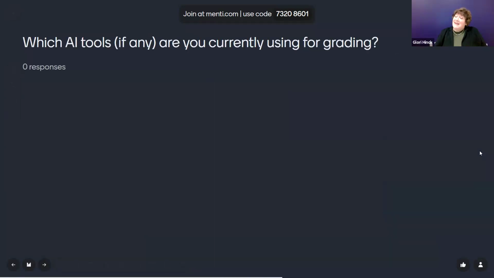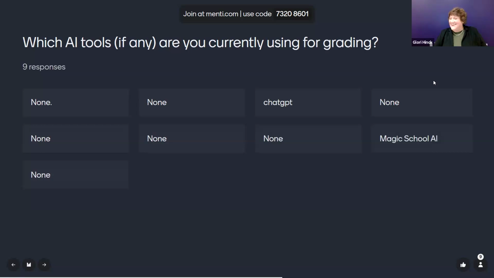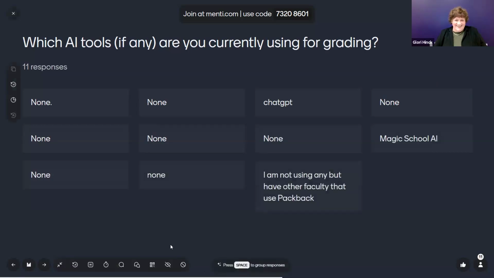What AI tools, if any, are you currently using for grading? Okay, mostly none so far. Very interesting. All right. Packback. So mostly none, a Magic School and others, ChatGPT, and someone who knows someone who uses Packback.